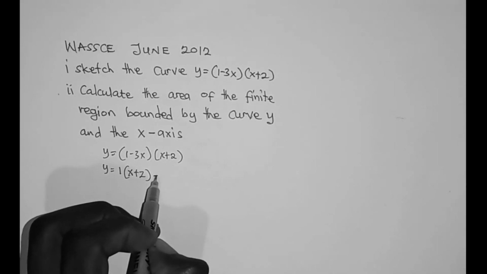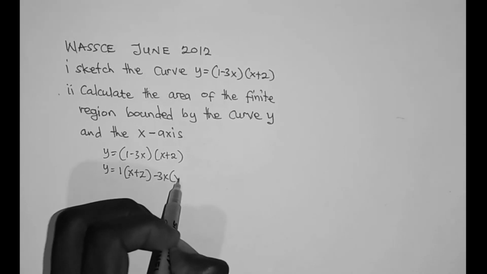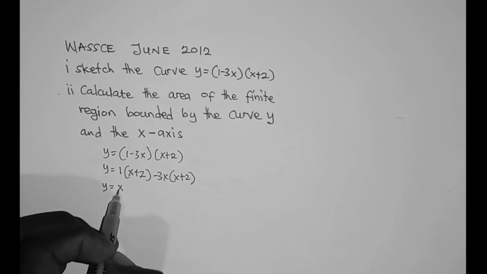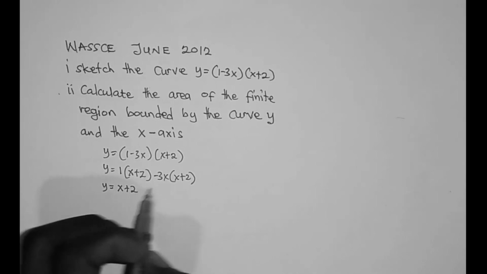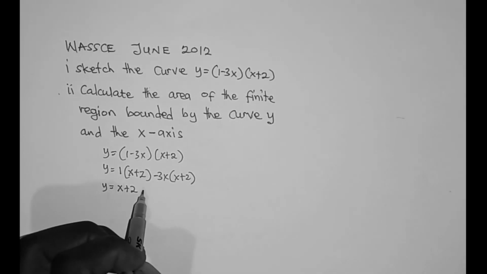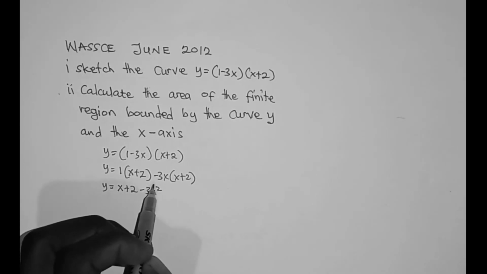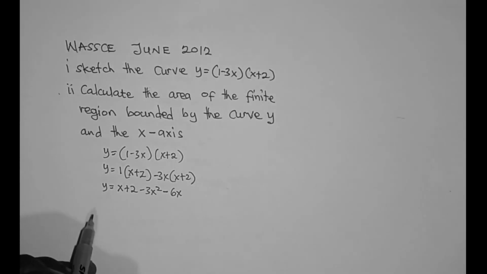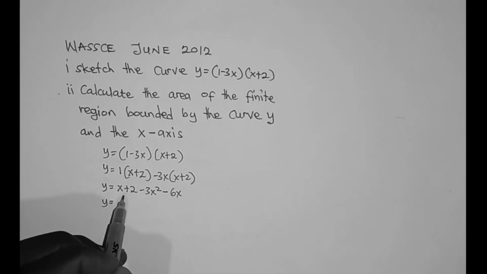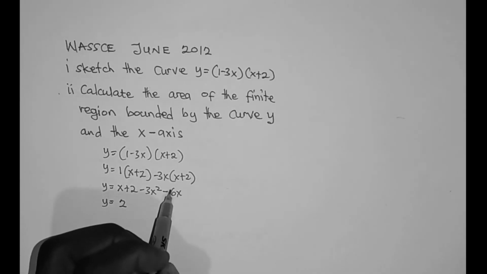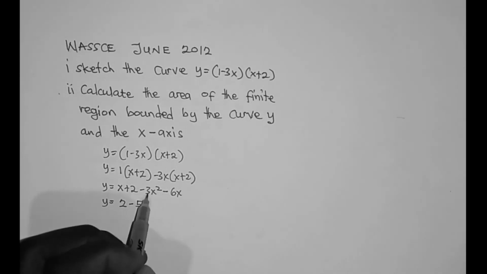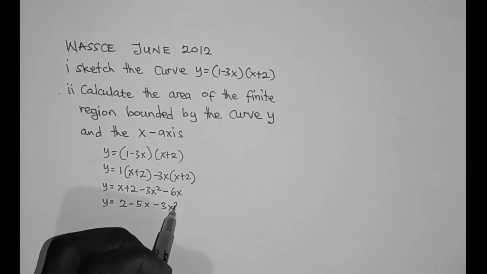Then minus 3x times x plus 2. So y is equal to 1 times x is x, 1 times 2 is plus 2. And minus 3x times x is minus 3x squared. Then minus 3x times 2 is minus 6x. So y is equal to 2, then x minus 6x is minus 5x. Then we are left with minus 3x squared.